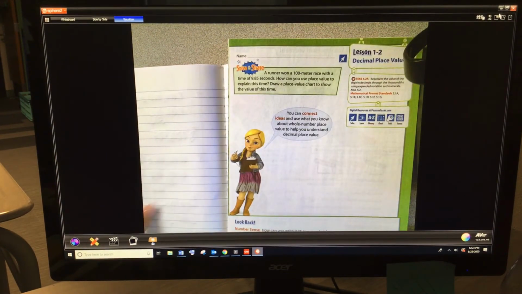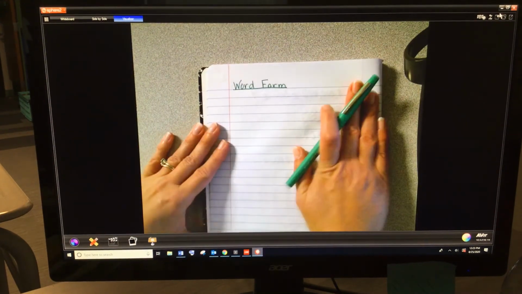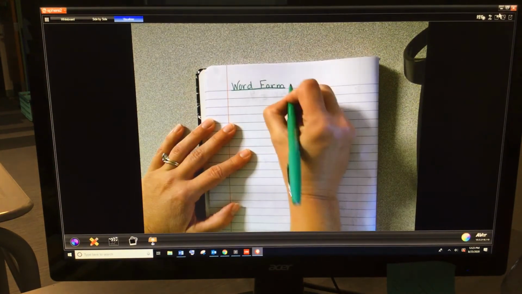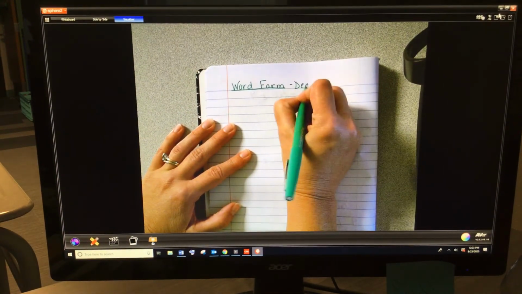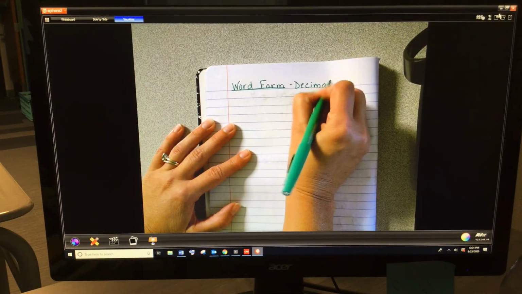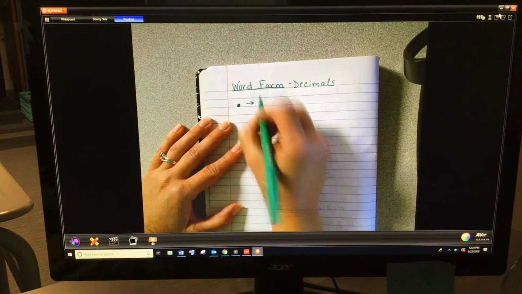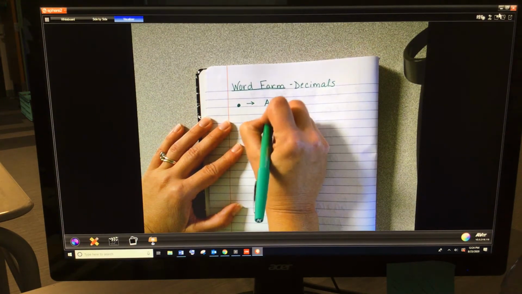Now I want to talk about, what do we know about word form and decimals? Well, we need to remember that anytime we see a decimal, we need to think of the word or say the word "and."